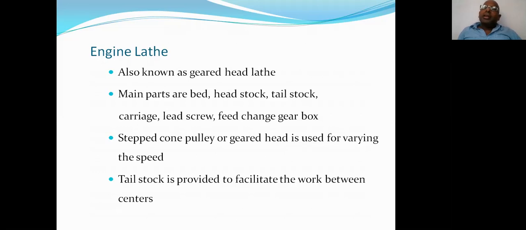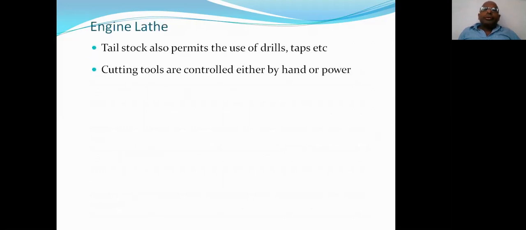But whenever a longer job is to be turned, the application of the tailstock, or the utilization of the dead center, is essential. In addition to that, the tailstock is also used for placing drills and taps. Suppose a hole is provided parallel to the axis or along the axis.